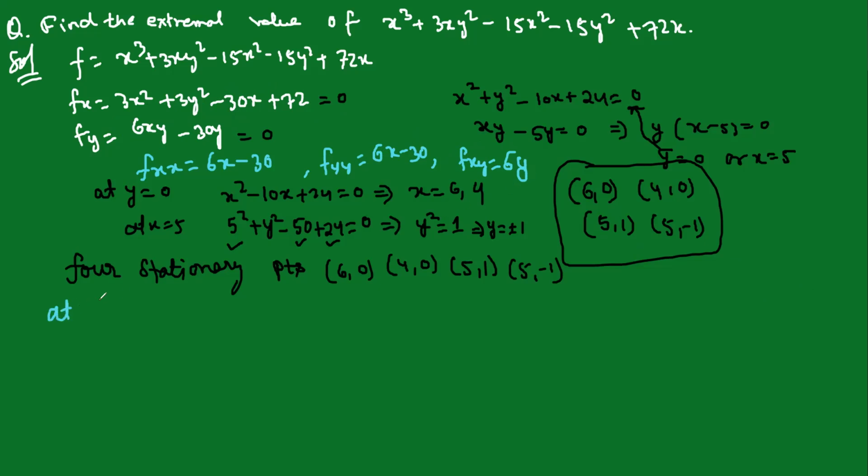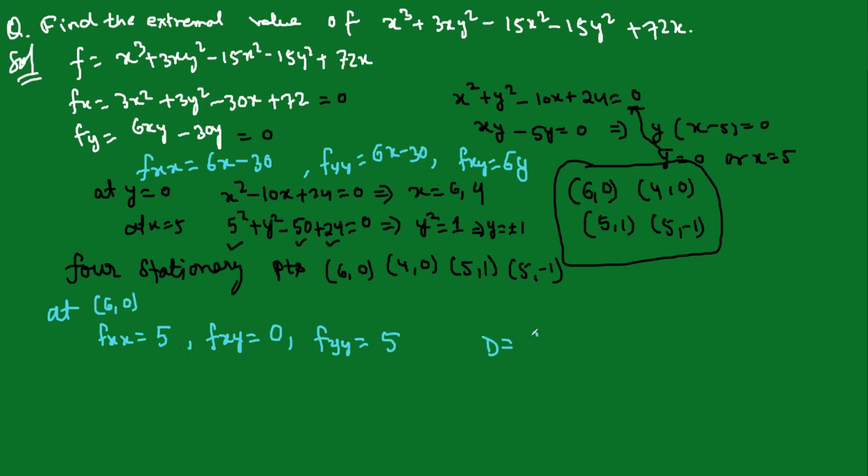Now at (6, 0), f_xx will be 36 minus 30, which is positive. f_xy will be 0. f_yy will be 6.